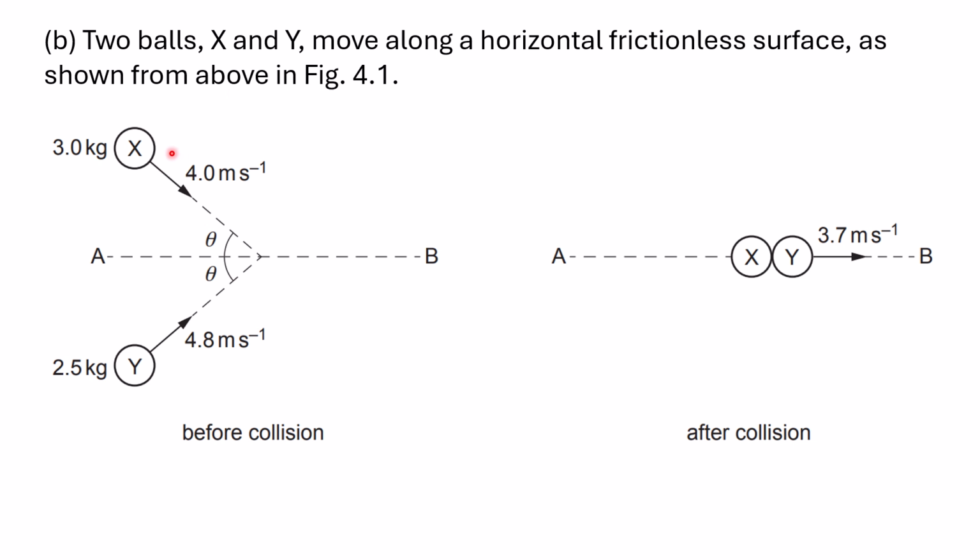Two balls, X and Y, move along a horizontal frictionless surface as shown from above in figure 4.1. So here we have X and Y. They are going to collide and they are going to move together with a final speed of 3.7 meters per second.